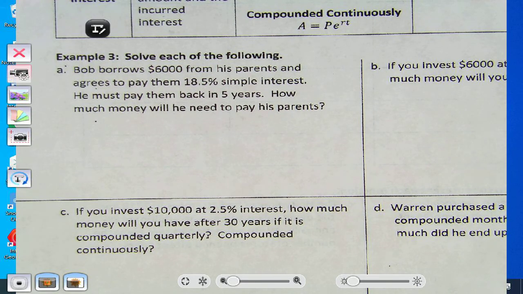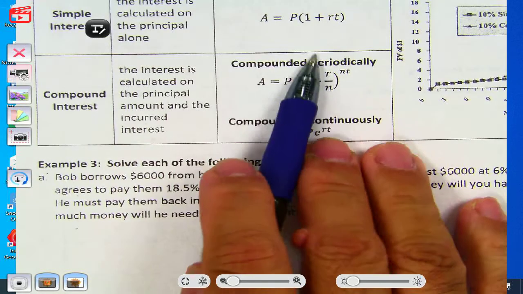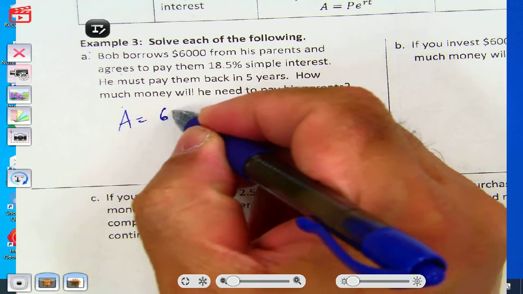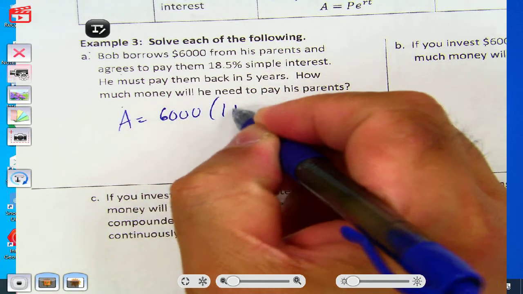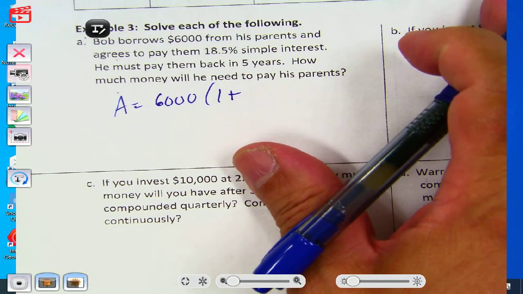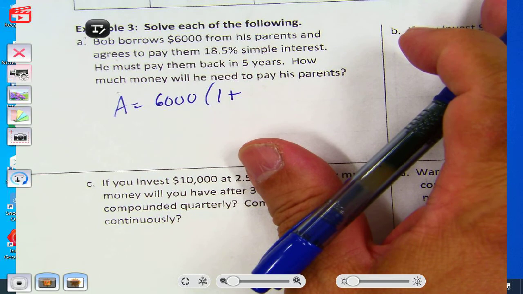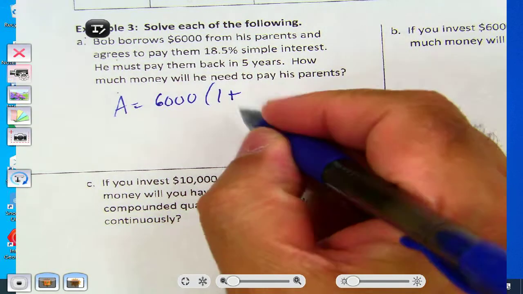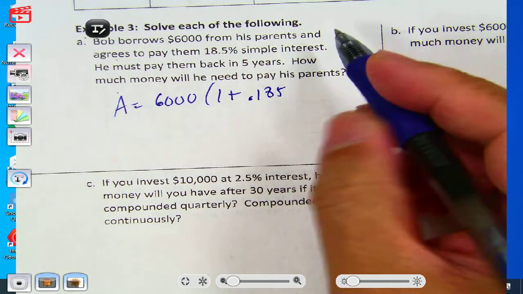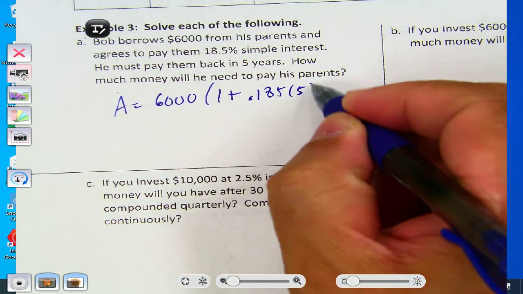So all you're going to do, using this formula, P(1 plus RT), the principal is $6,000. 1 plus the rate is 18.5%. What is that in decimal form? It's 0.185. And it's in 5 years, so it's times 5.